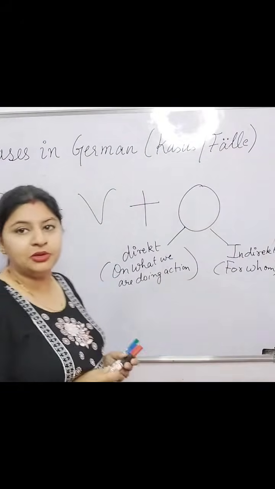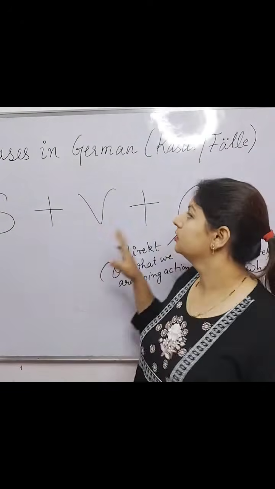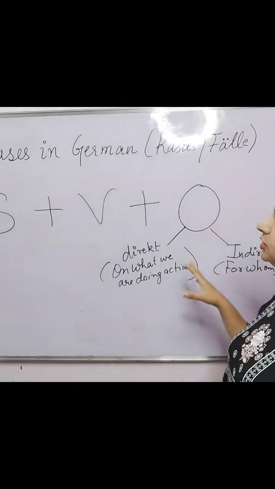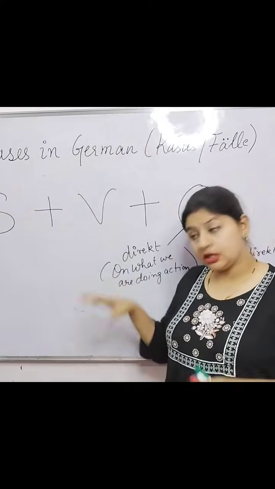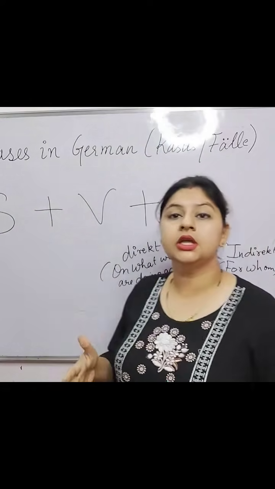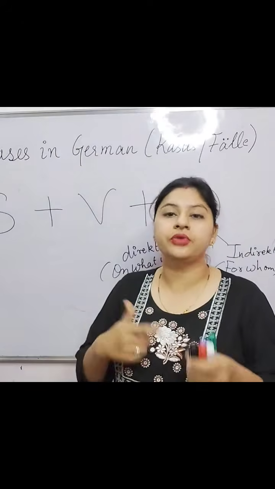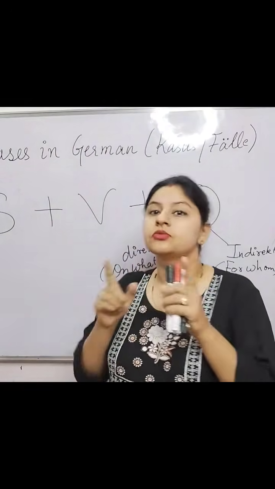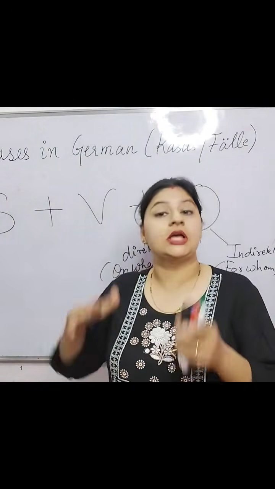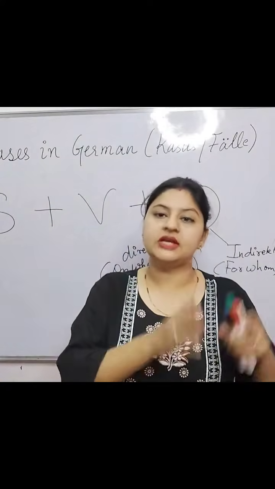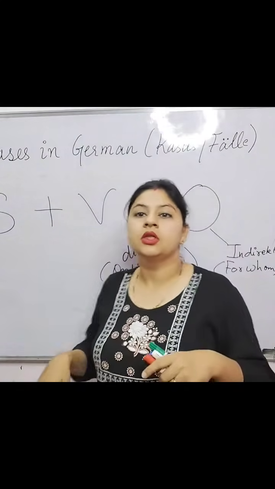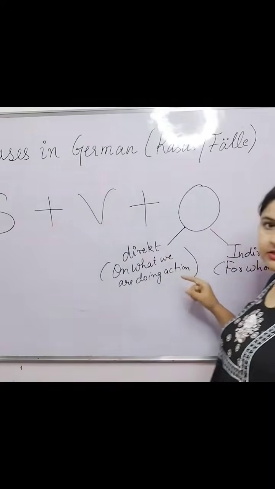So I believe this topic, cases in German, basically in this class we are learning how to find the difference between subject and object. For example, nominative, accusative and dative. So I believe this part is clear.